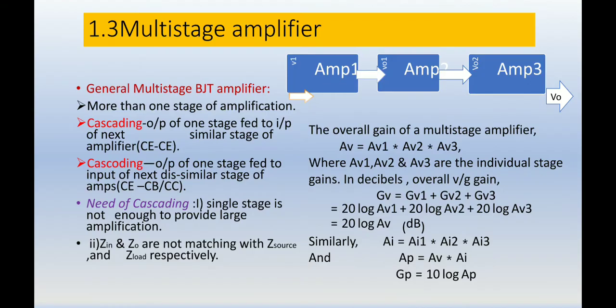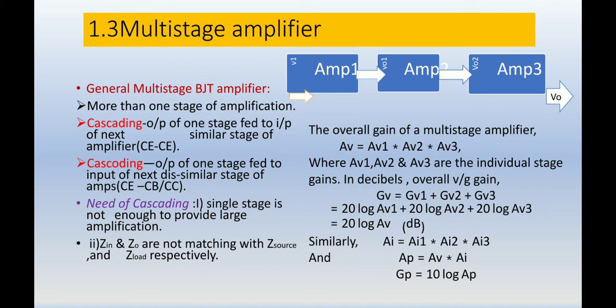So here we go. The multi-stage amplifier: when two or more stages of amplifiers are interconnected, it is called a multi-stage amplifier. If the interconnection is of similar types, then it is called cascading, and if two dissimilar types of amplifiers are interconnected, then it is also called cascading.